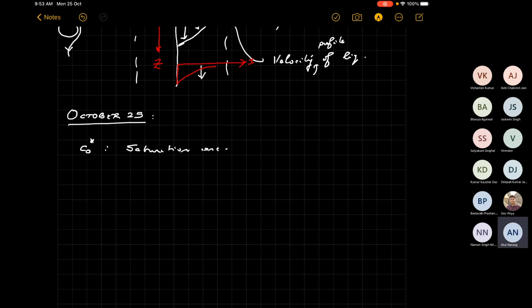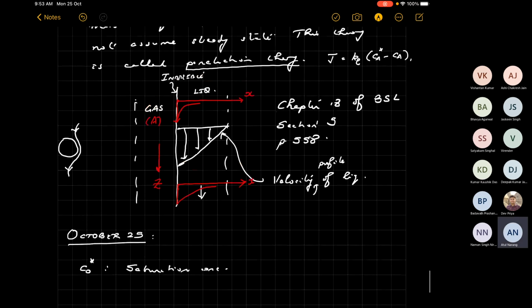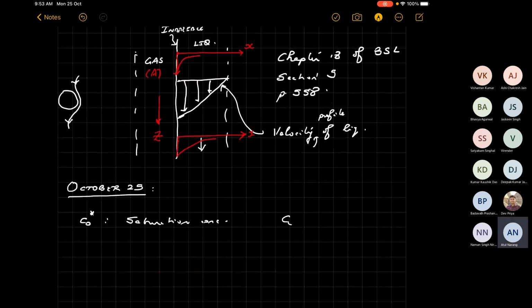Keep in mind, CO star was equal to essentially H for oxygen, which I call HO, divided by pi O, where pi O is the partial pressure.